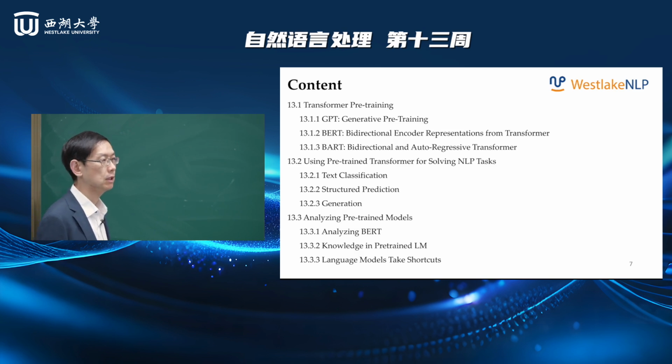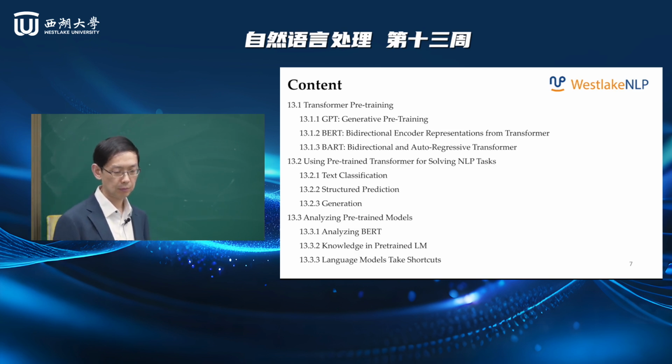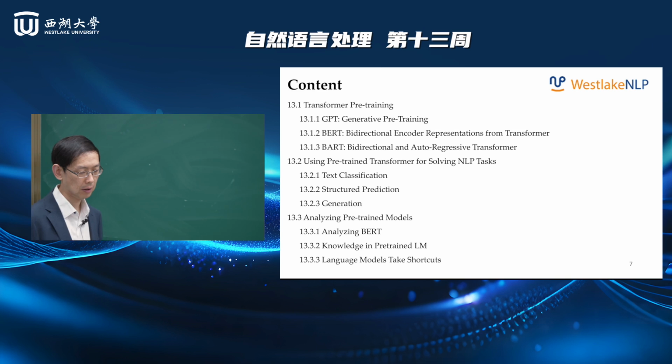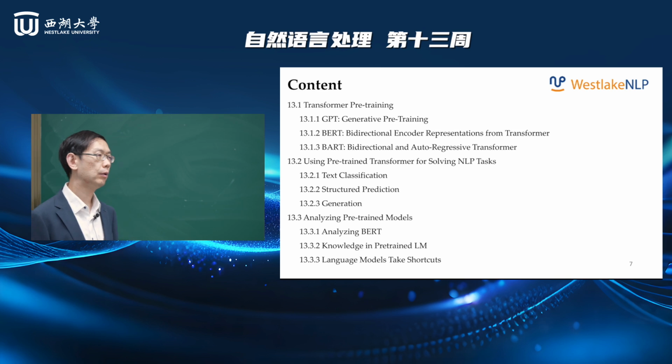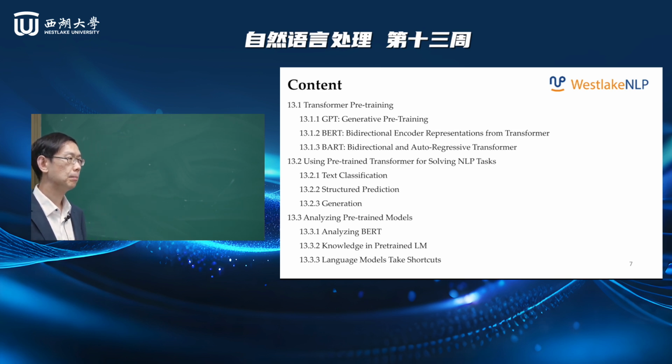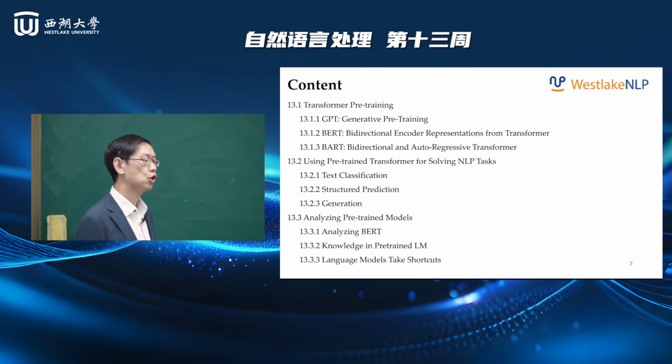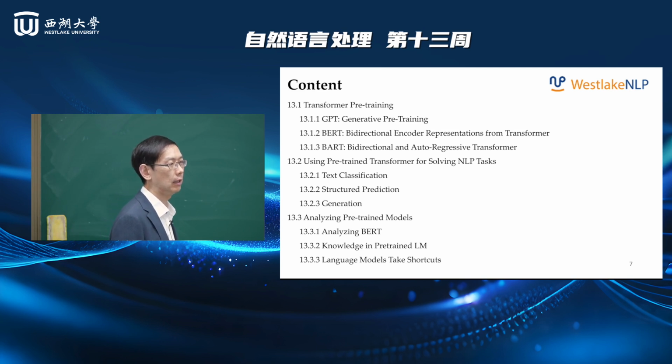So we will first talk about how to pre-train a transformer architecture, and then we will see how to use this pre-trained transformer to solve different problems. And in the end, we will discuss work that tries to understand how all these things work and whether there are limitations to these things.